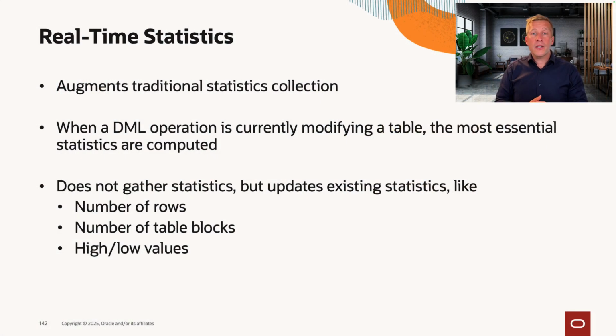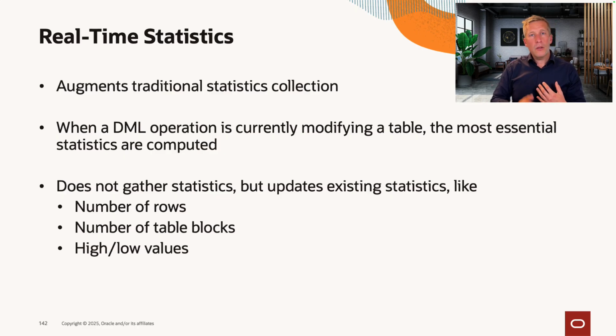This augments additional statistics collection, and if you turn it on, when you do DML in your database, insert, update, delete, well then the database can update some of the basic statistics as part of that DML. So imagine that you insert new rows. If you insert 10 new rows, we can then increment the number of rows in statistics, or if we add new blocks to the table, we can update those statistics as well.